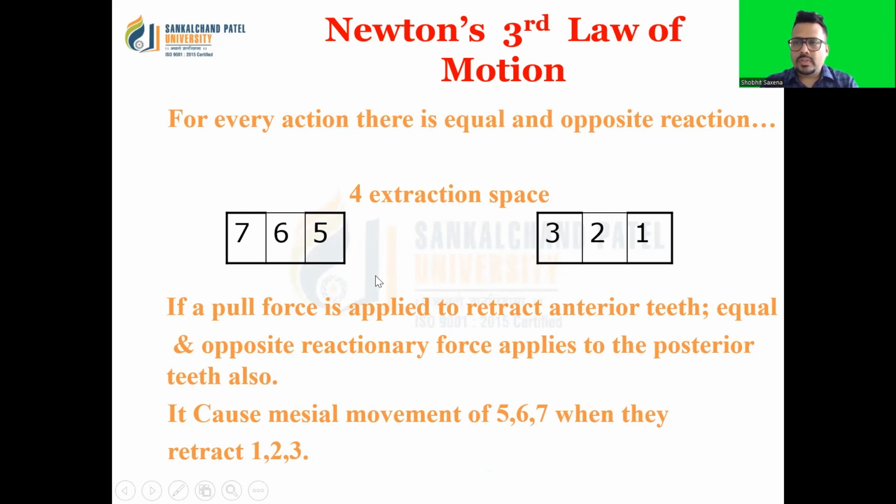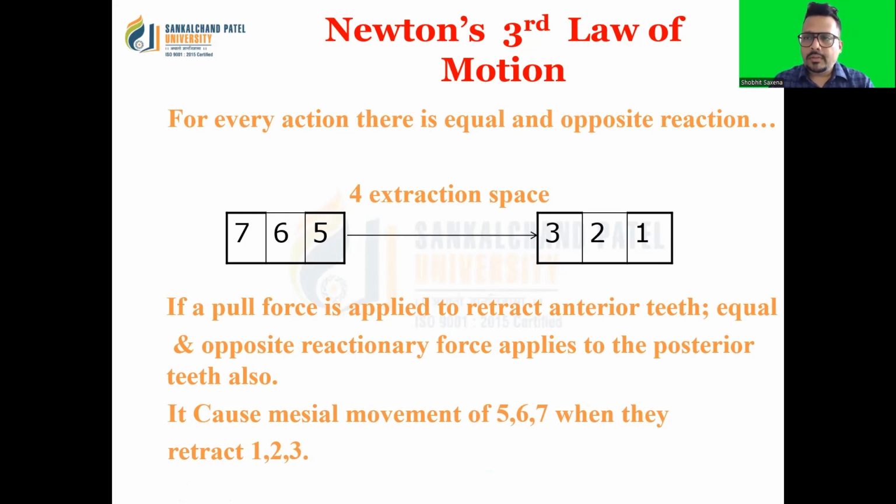This space in between is for cases where we have extracted the first premolar, like class 2 division 1 or severe crowding cases, in which we usually use this regimen.